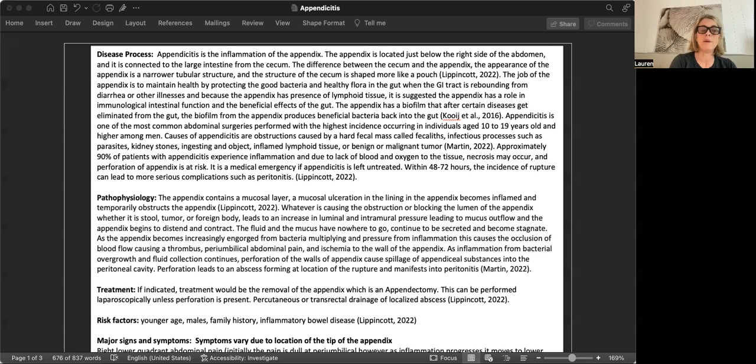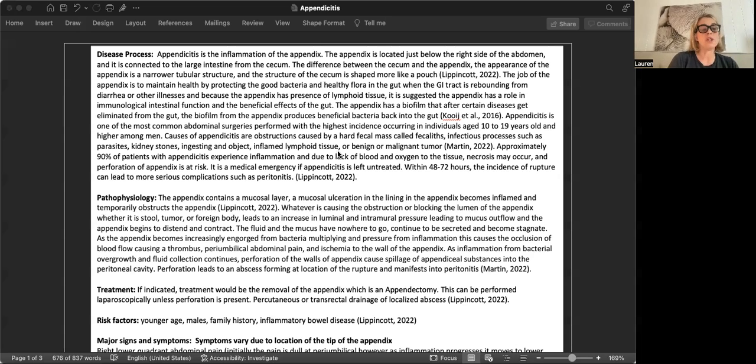The causes of appendicitis are obstructions caused by hard fecal mass, infectious processes such as parasites or worms, kidney stones, ingesting a foreign body, inflamed lymphoid tissue, or a benign or malignant tumor.